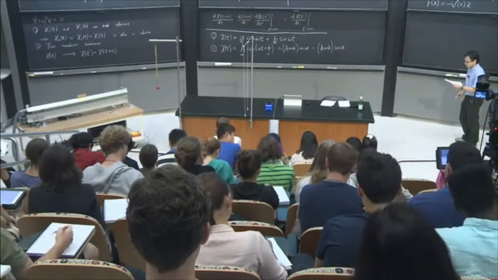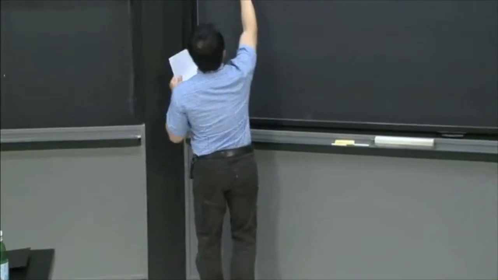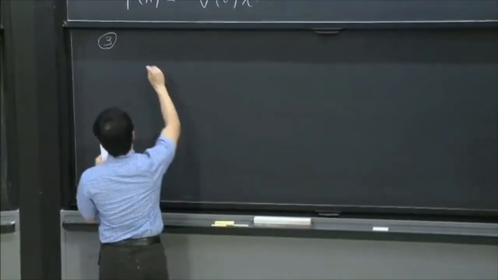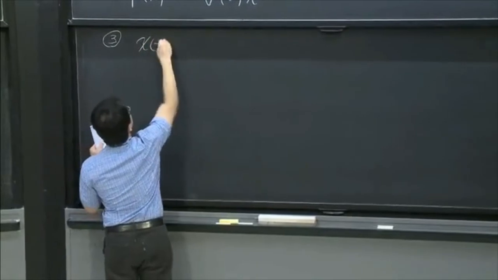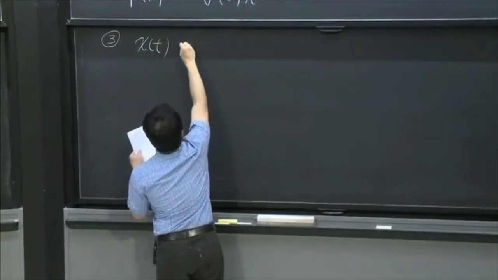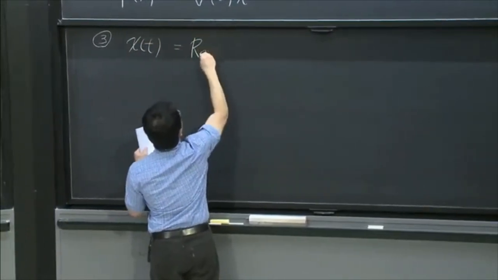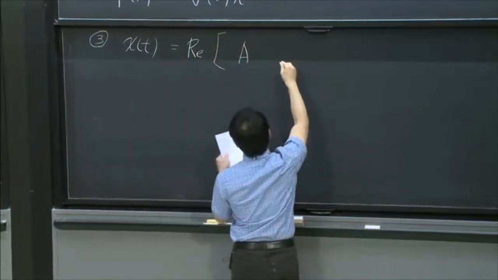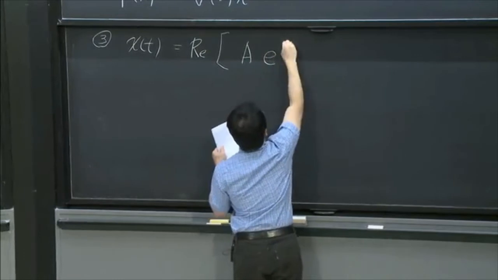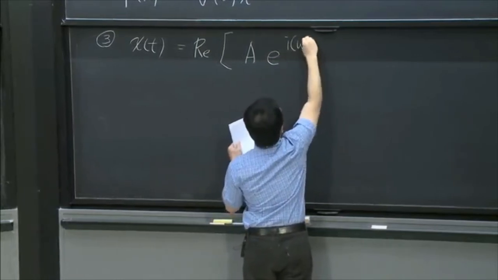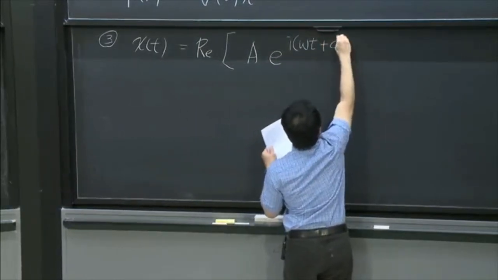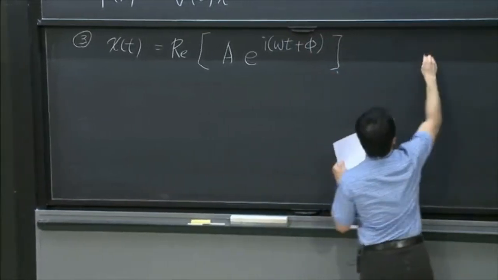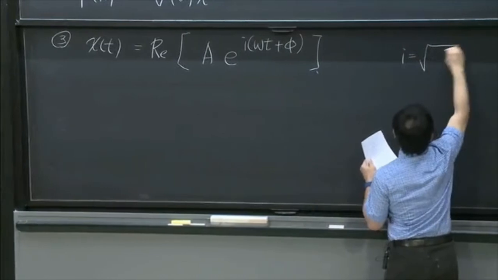There's a third one, which is much fancier. The third one is x of t equal to the real part of A, again the amplitude, exponential i omega t plus phi, where i is equal to square root of minus 1.